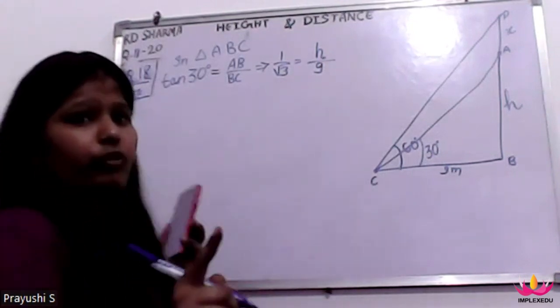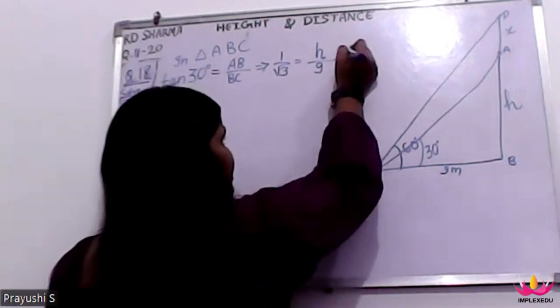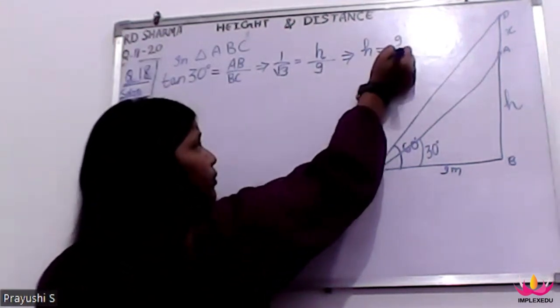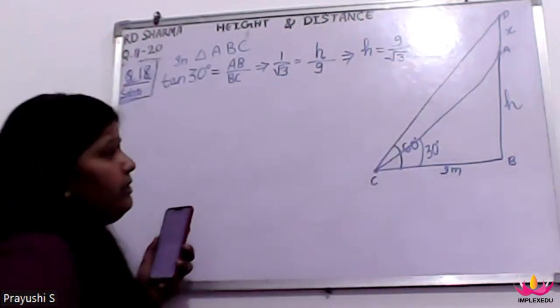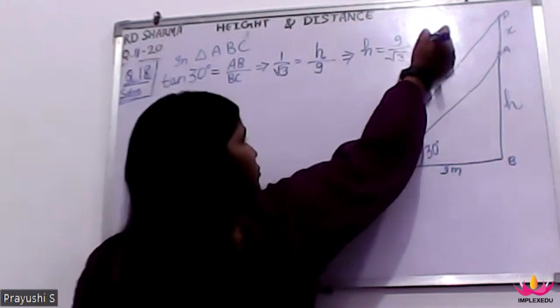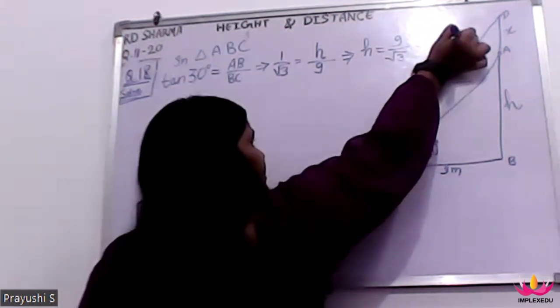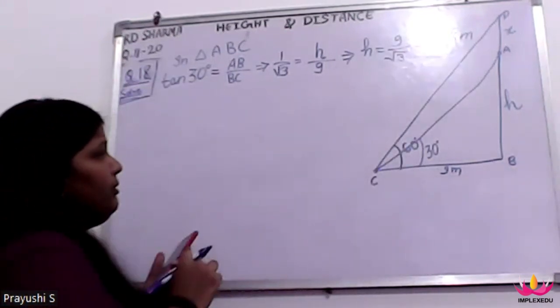And from here we will get that h is equal to 9 upon root 3, which will be equal to 3 root 3. So we got that, okay.